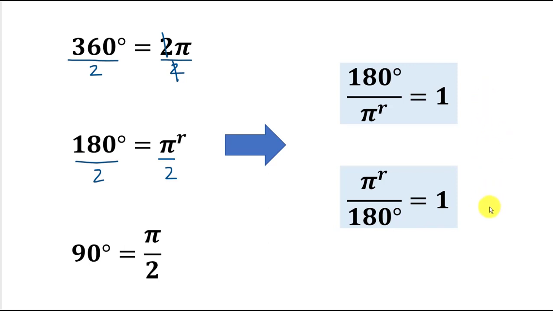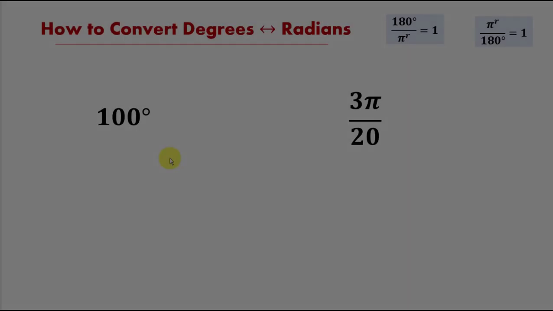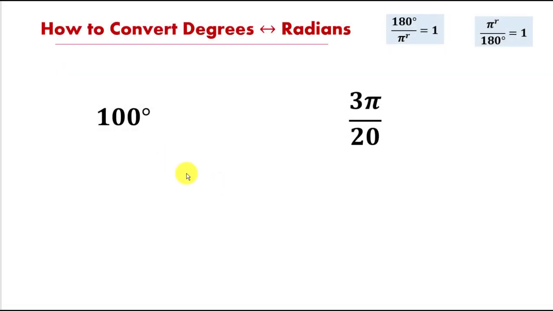Let's look at a few examples. So these are the two examples we're going to try. First, we'll need to convert 100 degrees to radians. And then we'll need to convert 3 pi over 20 radians to degrees. And as I already said, we're going to be using those two ratios. Now this is how you want to think about it.